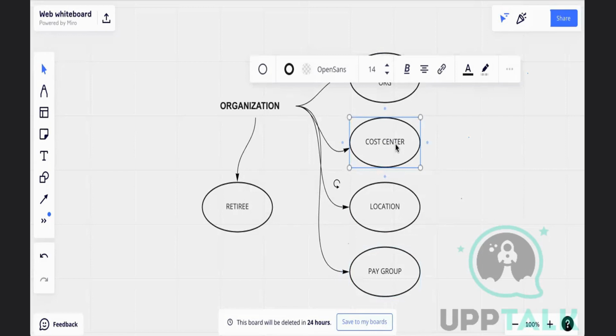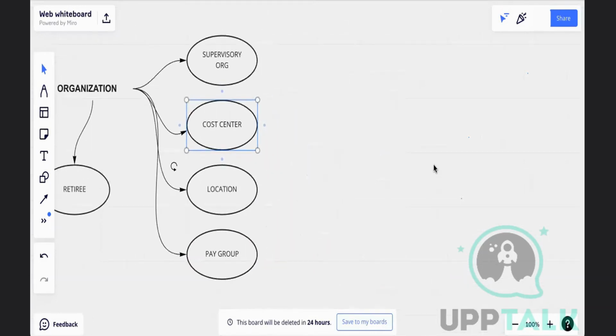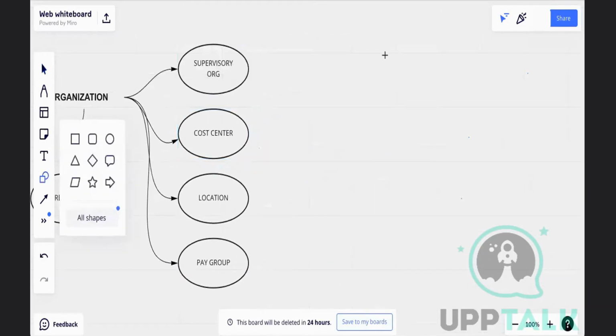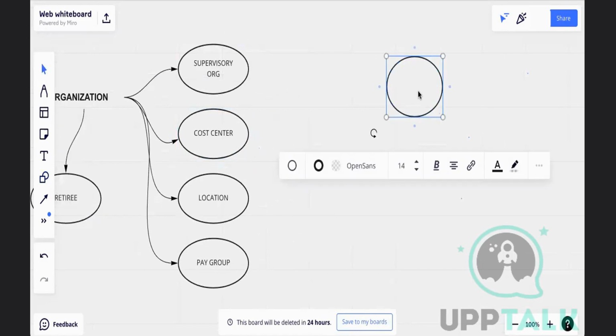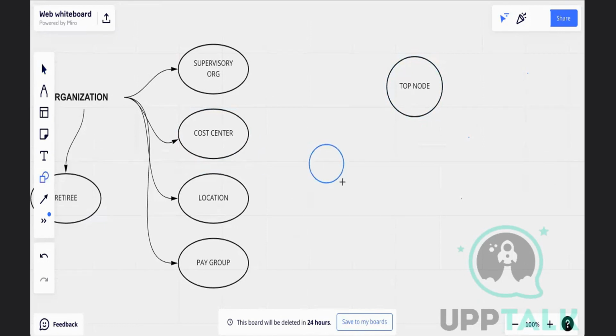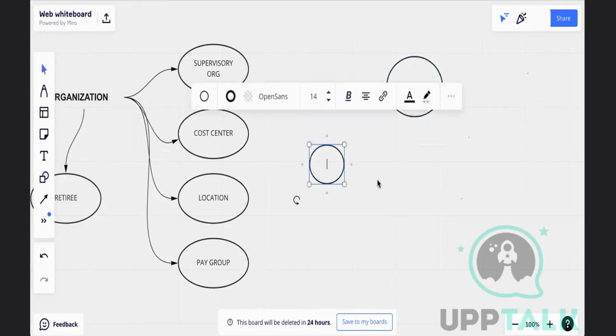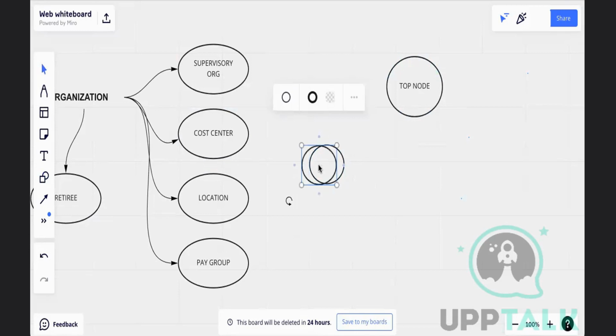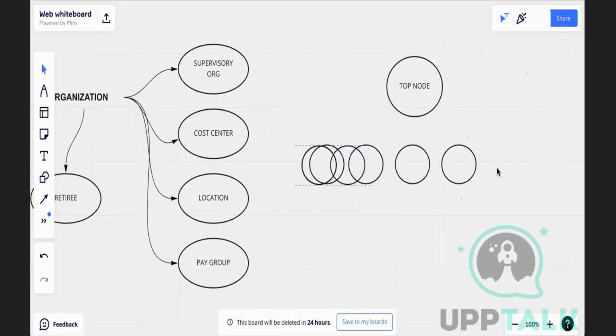If you visualize them, all of these are nothing but a tree-like structure where you'll have a top node. All right, this will be your top node. And after that, you will have subnodes. You'll have a lot of subnodes based on what your organization structure should look like.